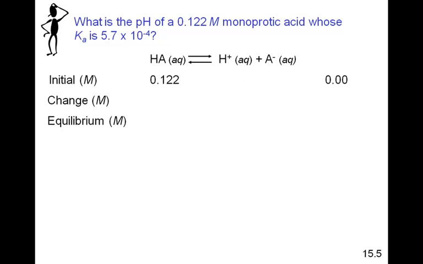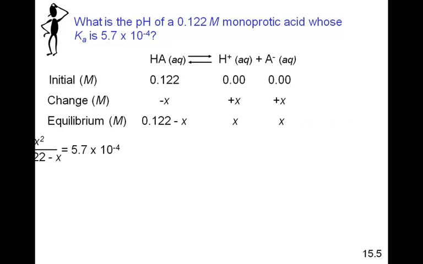Initial concentrations of each, assuming that the HA is the one that's decreasing and it's going to decrease by the amount of X. Since the relationship between HA and H plus is 1 to 1, H plus is going to increase by X. Since the relationship between HA and A minus is also 1 to 1, A minus is going to increase by X. Here are our equilibrium concentrations.